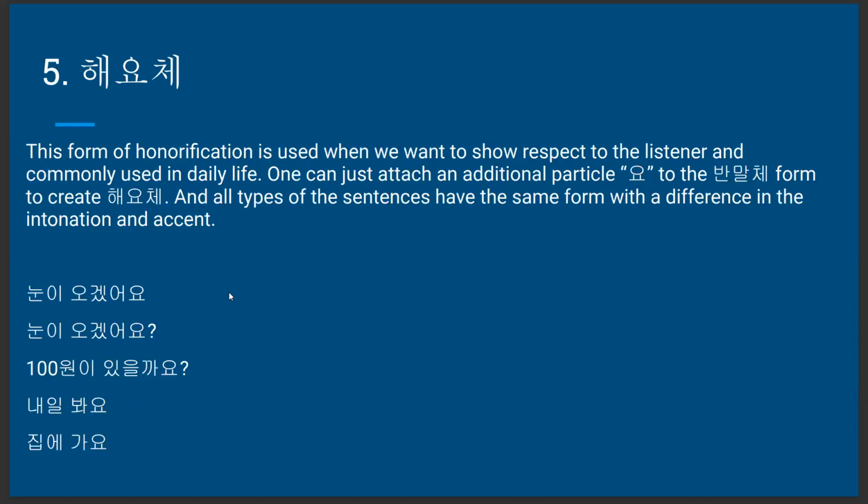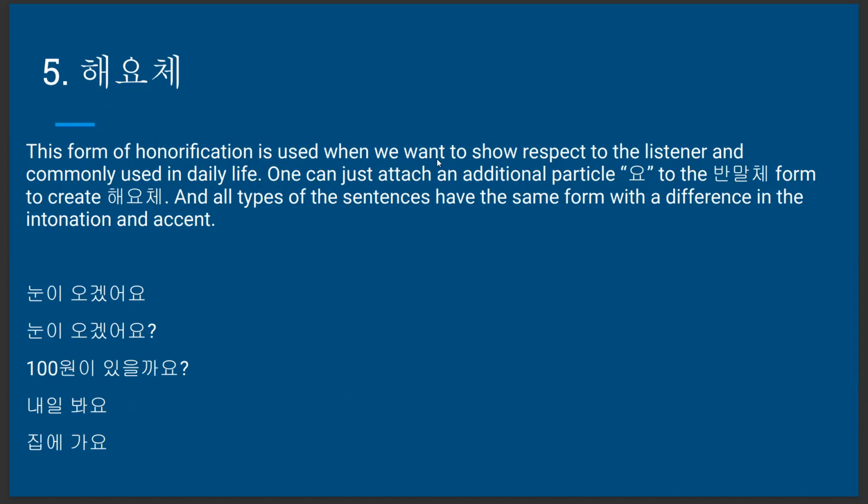And number 5 is 해요체. If you look at the name 해요체, you see 요, right? So your sentence will end with 요. It is used when we want to show respect to the listener, and commonly used in daily life. So every day.